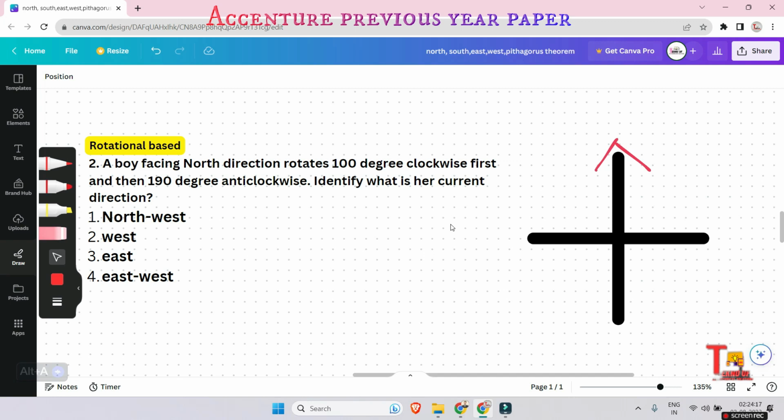Clockwise means this direction and 100 degrees. From here to here this is 90 degrees and again 10 degrees, up to here, let's say. So this is total 100 degrees, and again 190 degrees anti-clockwise. That means he has to turn this way this time.